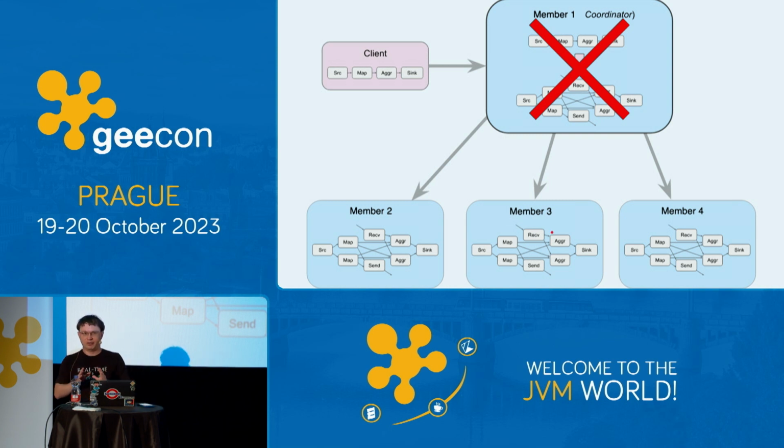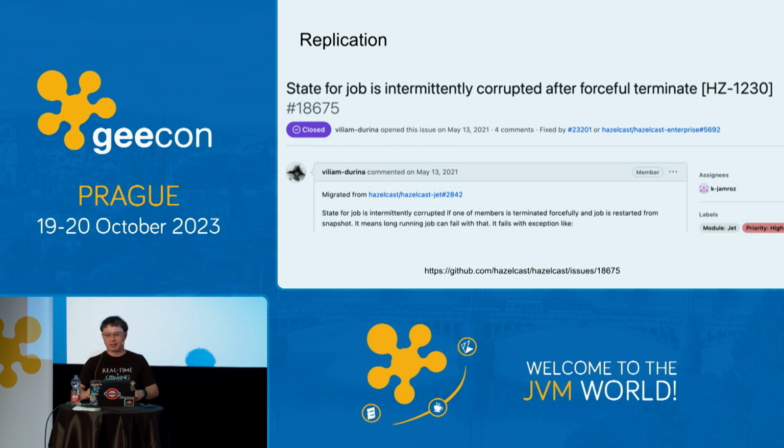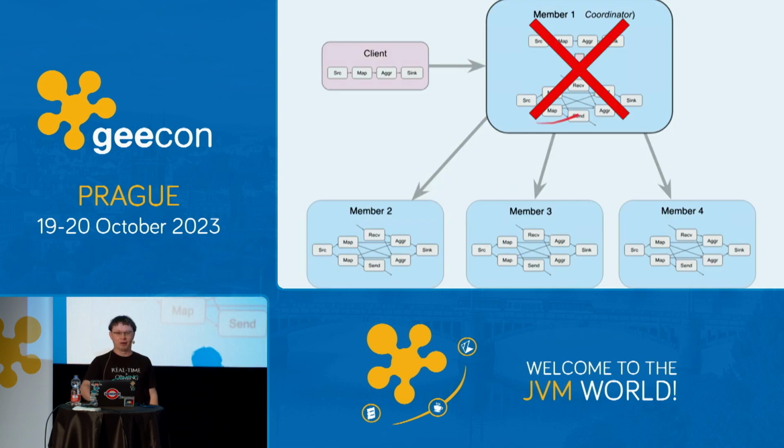With this part of the scenario, we had a problem. During the forceful shutdown of one of the members, another member had an incorrect snapshot state. So it means the snapshot was not replicated correctly from one member to another.